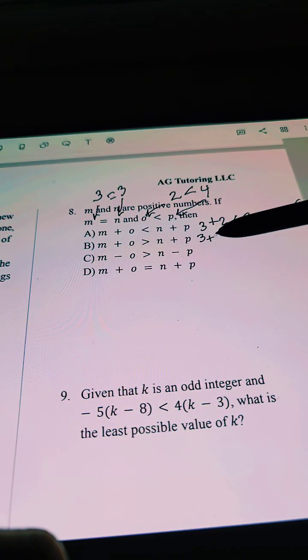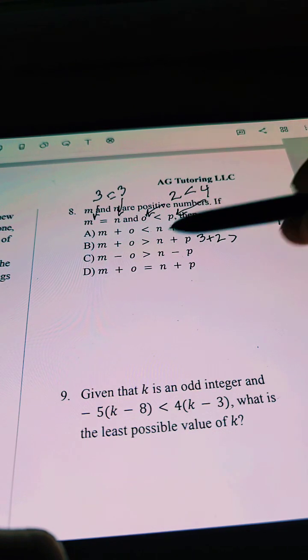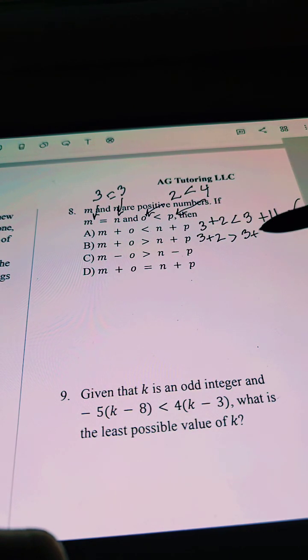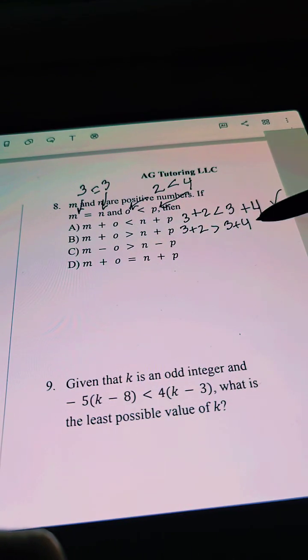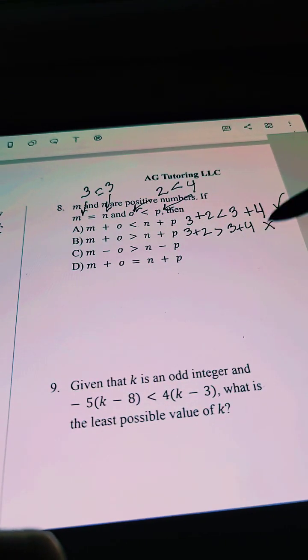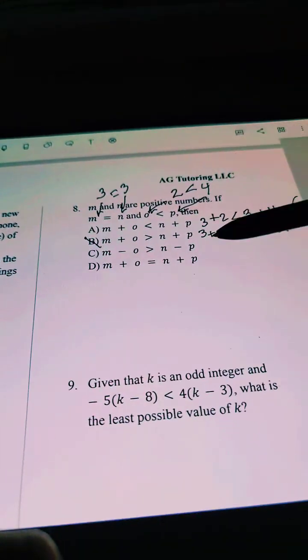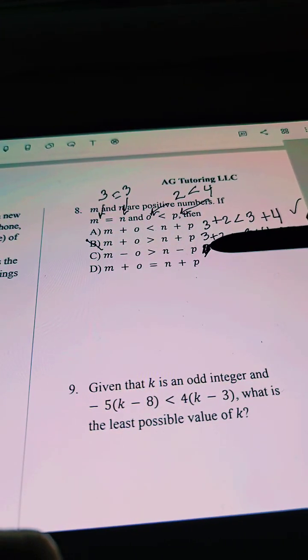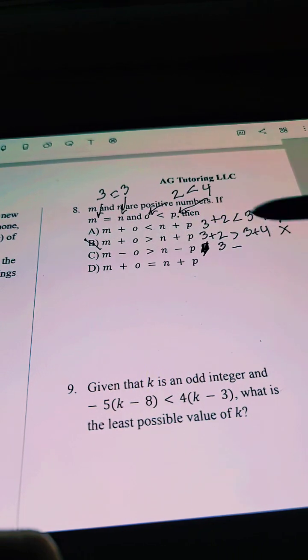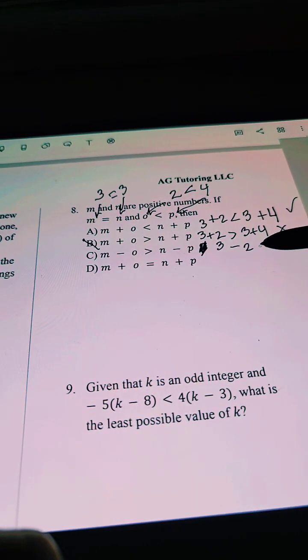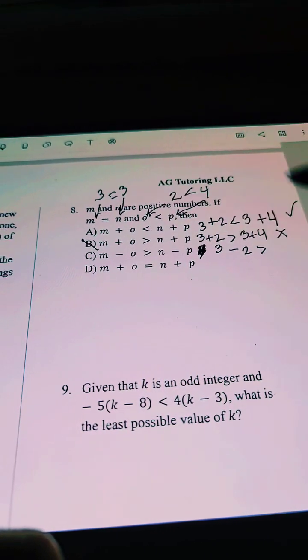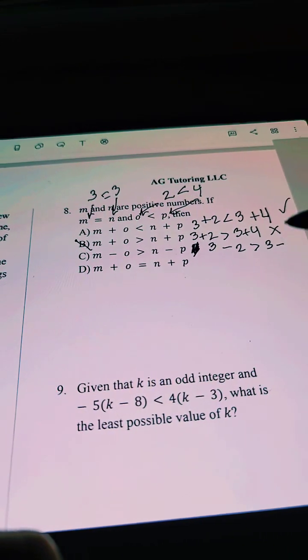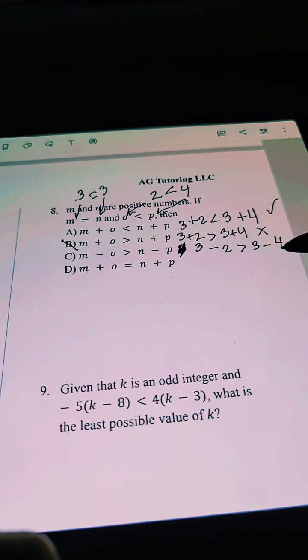So 3 plus 2 is greater than, N is going to be 3 plus 4. So 5 is not greater than 7, so no. And then M is 3. Oops. 3 minus 2 for O is greater than 3 minus 4.